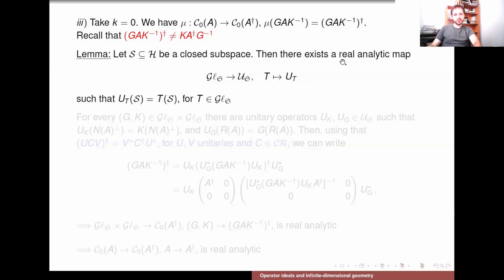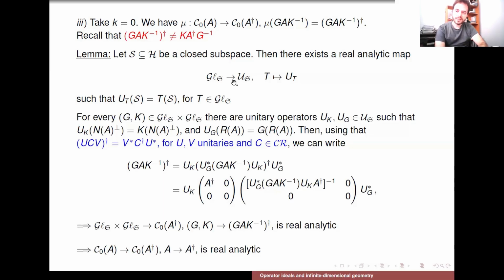Then we can construct the following map from the invertible group associated to the operator ideal to the unitary group associated to the operator ideal that satisfies this condition here: T of S is the same as U sub T of S for our fixed subspace S. We need some technical work to actually prove this fact, but this is the key to understanding later the analyticity of the Moore-Penrose inverse.